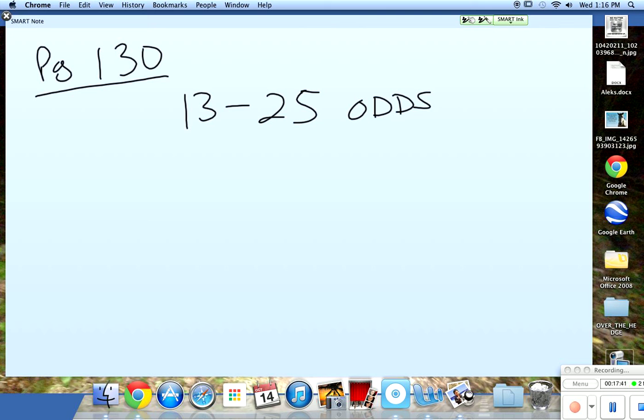For 19, 21, and 23, they say tell me if the inverse is a function or not. Don't worry about it. I just want you to do the inverse, and I want you to graph it. But I want you to not use Desmos other than to check your graph.